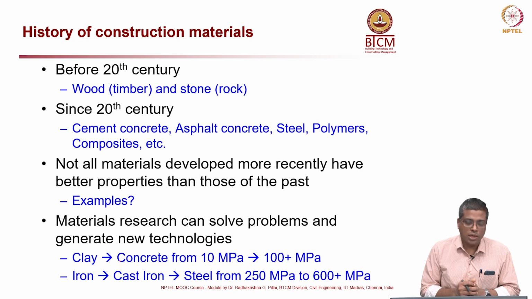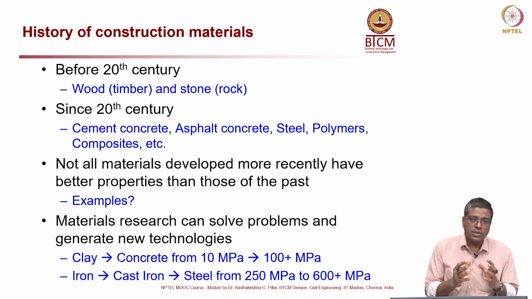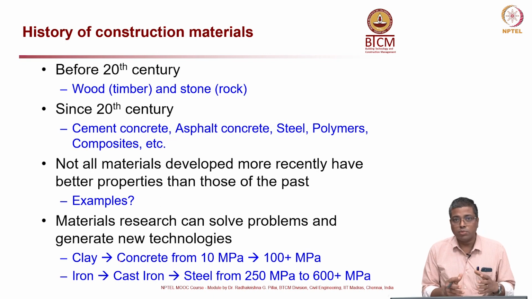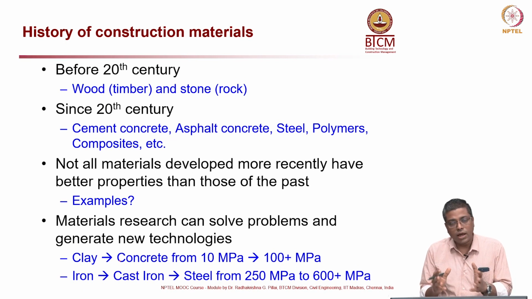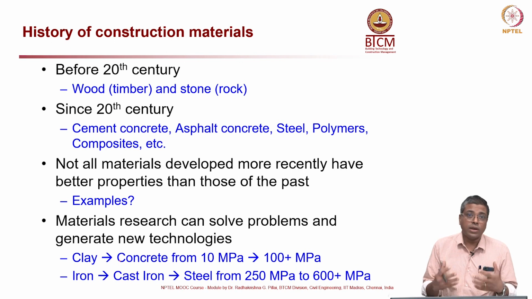One example which I am saying here is, let us think about clay. In the old homes, people used to use clay, but it was probably not strong enough to make multi-story buildings etc. So, we started making concrete, and then in concrete itself we started making concretes with very high strength.